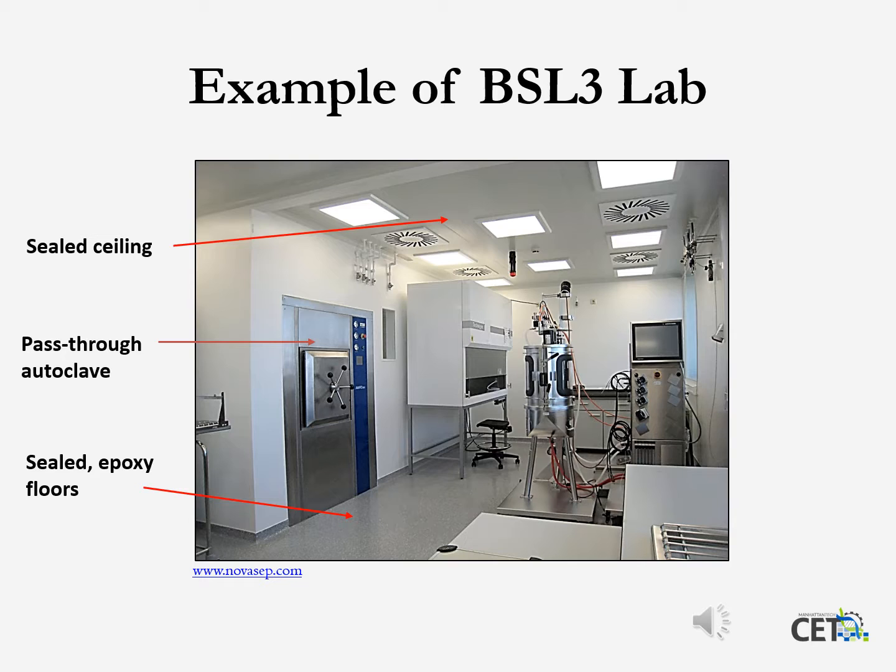And these rooms have pass-through autoclaves for sterilizing the items and specimens that are used inside. Often working in a BSL-3 requires extra safety equipment: a total body Tyvek, that's the type of material. It looks like a worker's overalls, and sometimes a PAPR, that's their respiratory system, must be used.